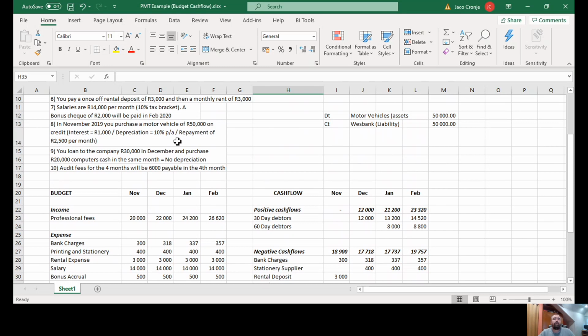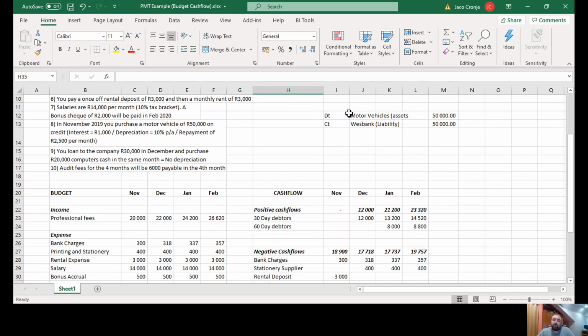Then we've got depreciation of 10% per annum. So what is depreciation? Depreciation is the way that we as accountants show how long-term assets lose their value.